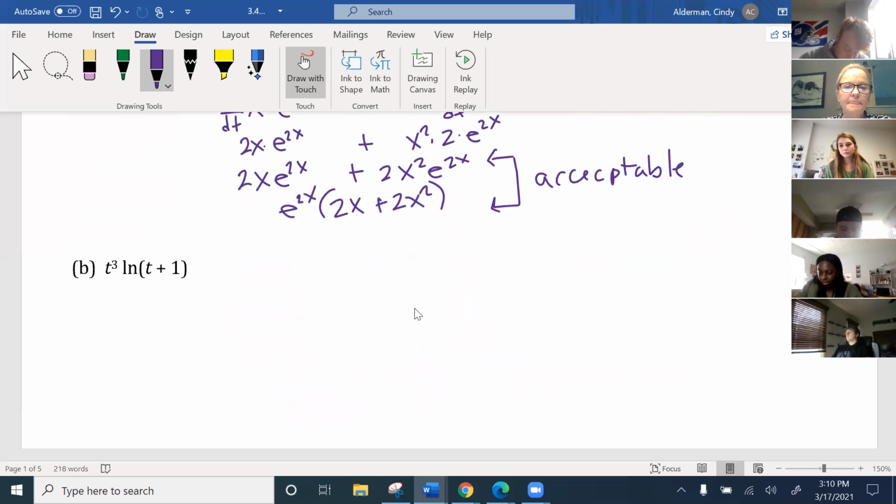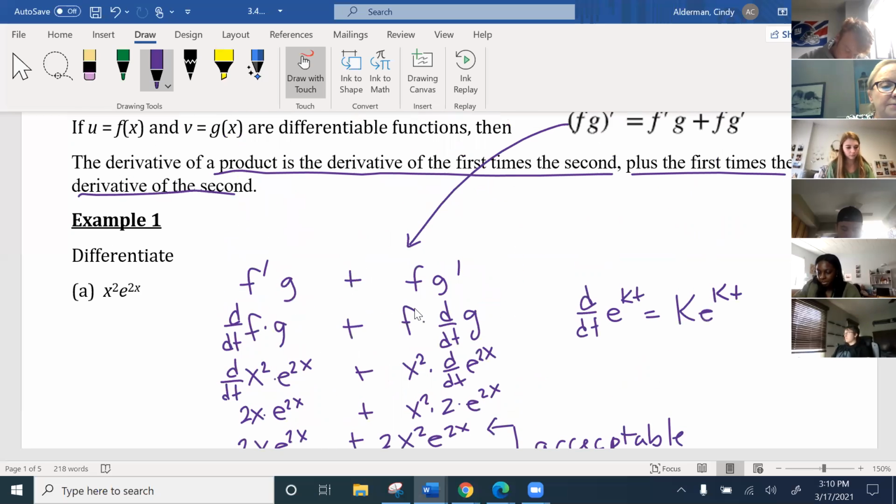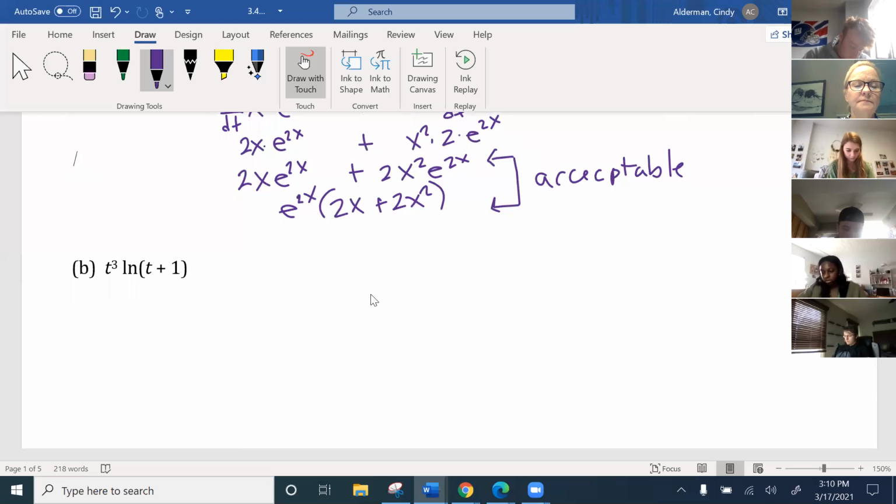All right. So that's the product rule. Oh, and we should point out that this is your F and this is your G. Okay, so again, we're going to do F prime G plus F G prime. Remember, even on a test, you don't have to write all these steps down.